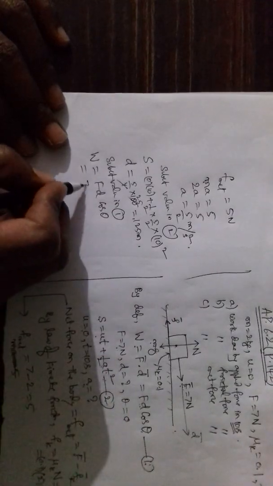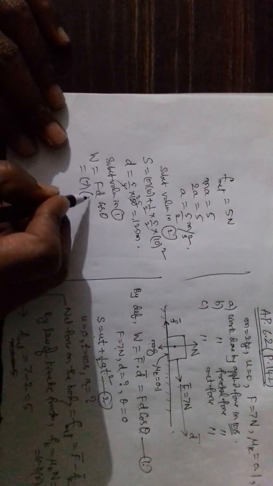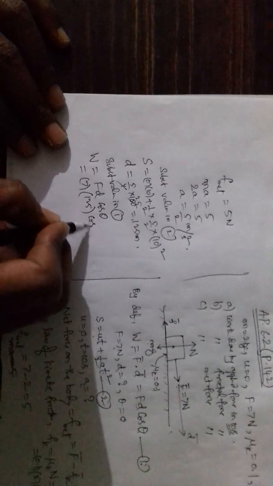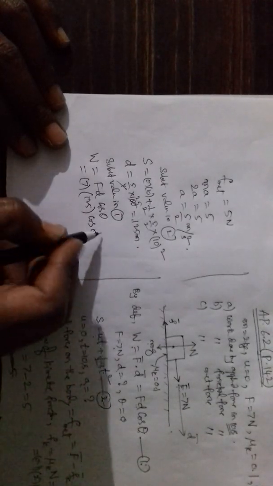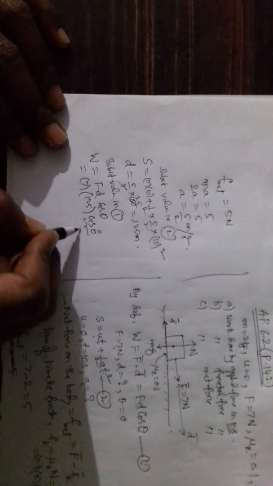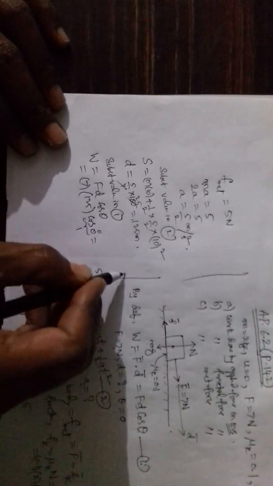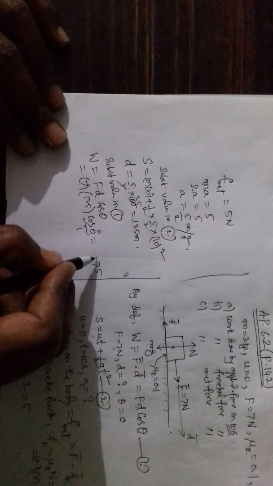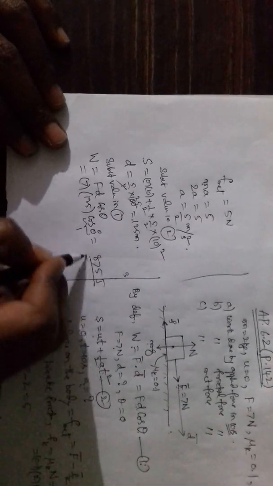For applied force 7 newtons, displacement 125 meters, angle 0, cos is 1. So 875 joules. This is the work done by the applied force.